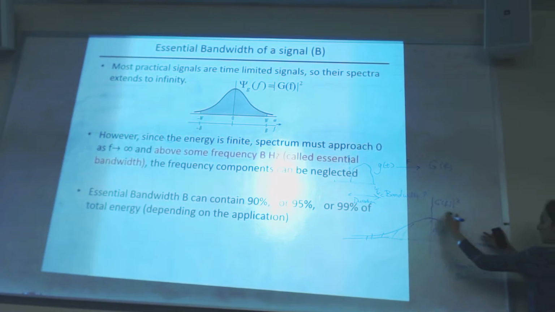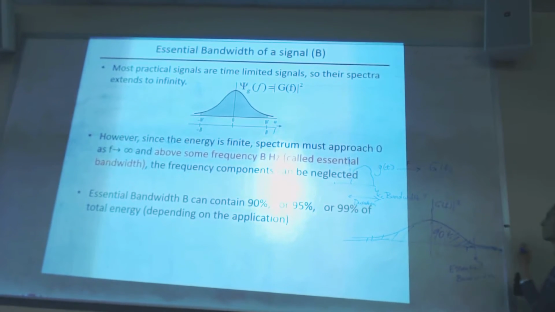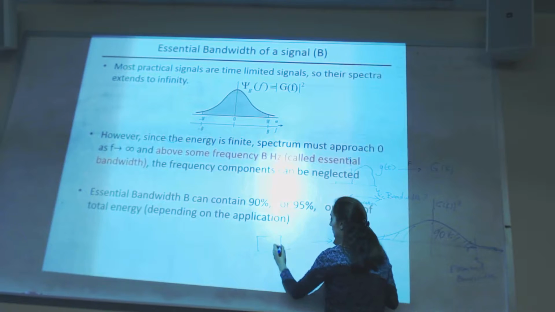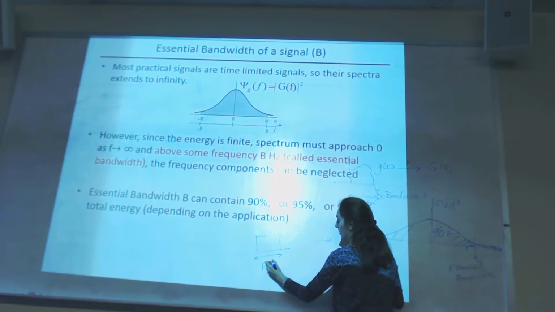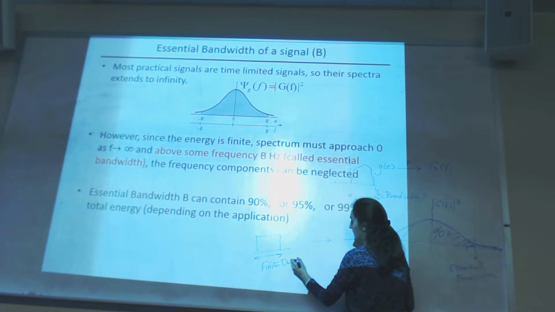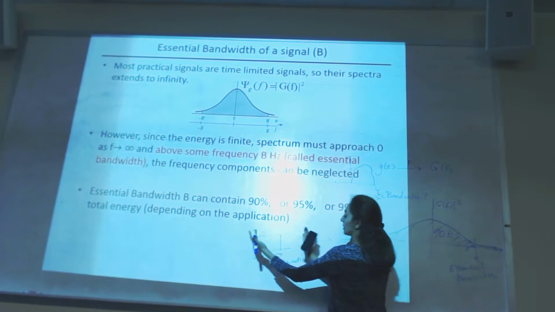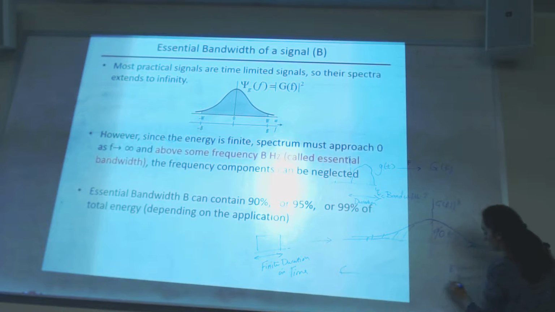And this case of going to infinity happens a lot, especially when you have something which is finite duration in time. Anything which is finite in one domain is infinite duration in the other domain.